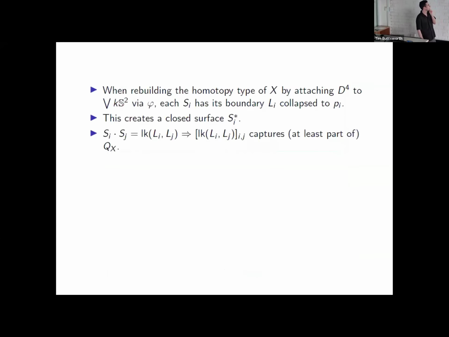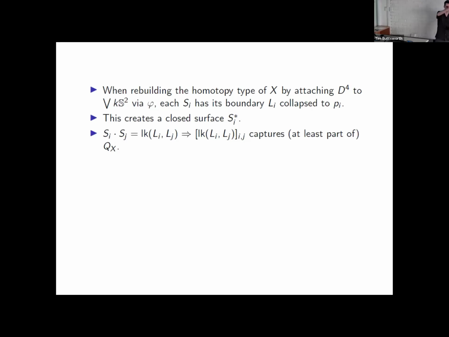Okay, so what do I have? It means that when I'm considering the homotopy type of my four-manifold, when I stick back in that four ball, each of my knot components, you can think of as getting that boundary sent down to the point downstairs in that wedge sum. What does that do?